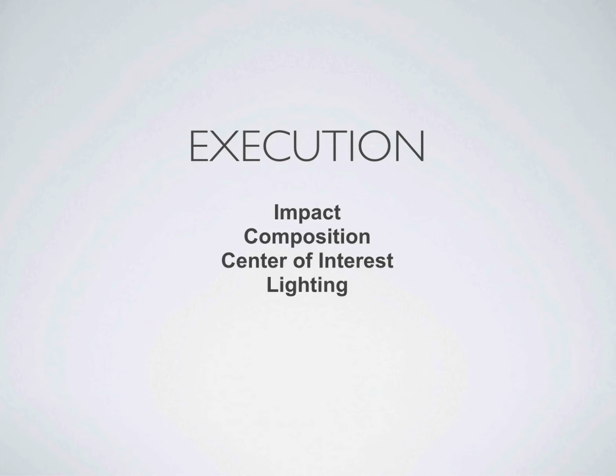But impact is where you really pull the base of this thing together, and that comes with composition. I put both of those together. Center of interest is right there, and of course your lighting. Is your lighting perfect for the scene? Doesn't mean it has to be perfect, but is it perfect for the scene? Does it fit the story that you're trying to tell? Does it fit the environment that you're in?